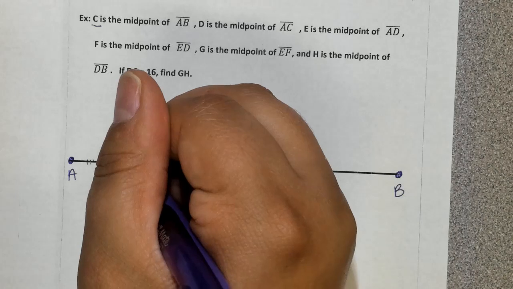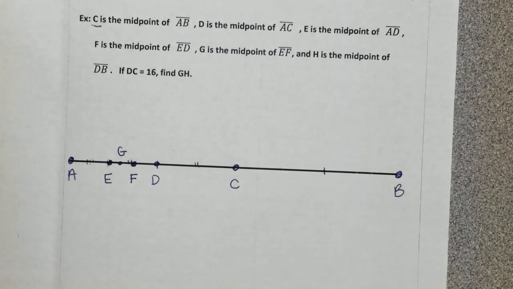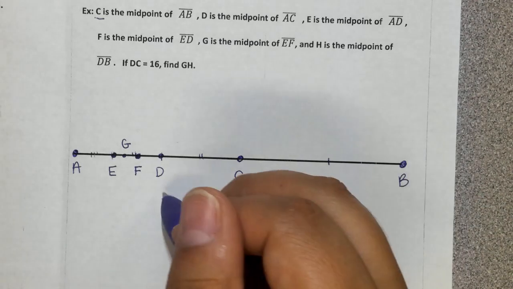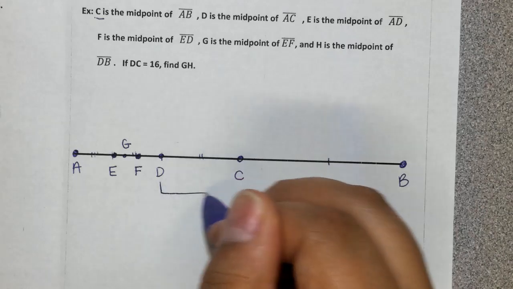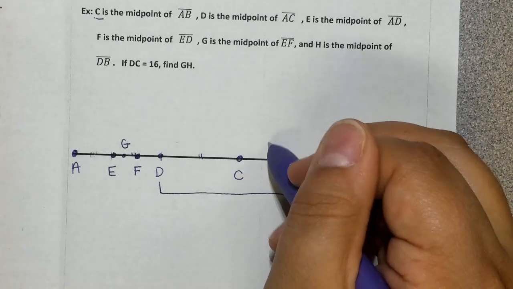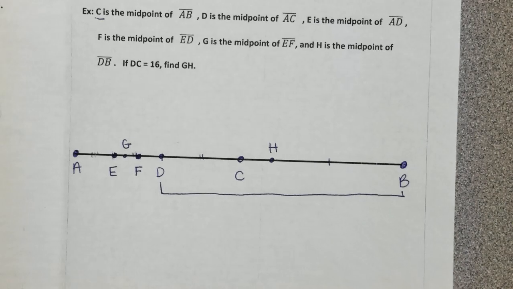I'm going to do a G up top, because it's a little too squished right there. Okay. And then it tells me H is the midpoint of DB. So here's D to B. H is in the middle of that. Looks to be about there, and I'm going to do that up top too, so it's not confusing.